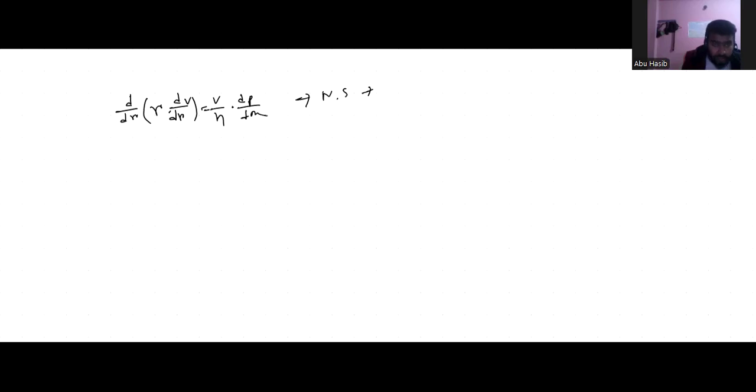So integrating both sides, we will get r dv/dr is equal to r squared divided by 2 eta d/dx of p plus a, where a is a constant. Okay.